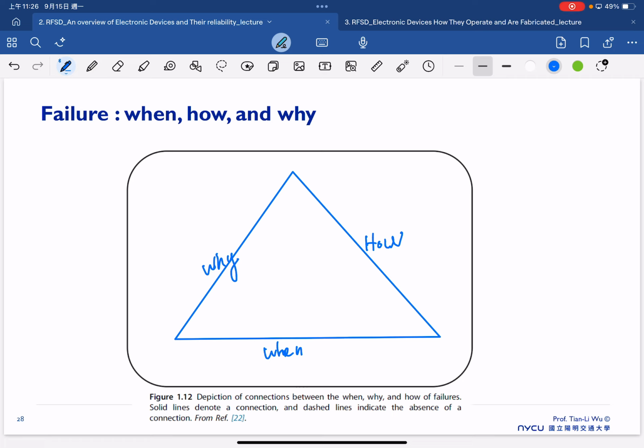Based on these three important factors, we can consider several different preliminary identifications. For example, in terms of when, we already know that for one certain product there are three phases of this bathtub curve, where the first one is infant mortality, or this failure is happening in the middle life, or this failure is happening during the wear out.